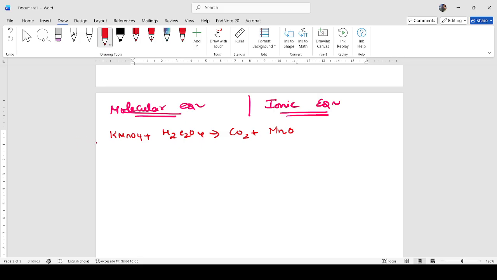Like this, a reaction is given. Here you can't see any ions. I can see the molecular form only. In order to do this balancing reaction, we generally prefer writing the ionic form.